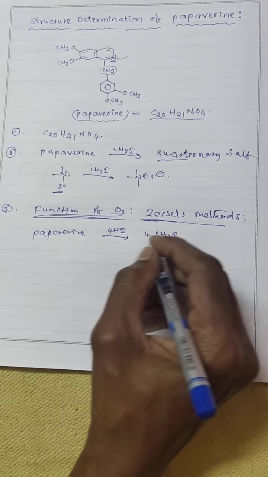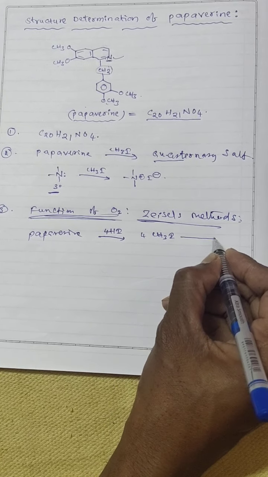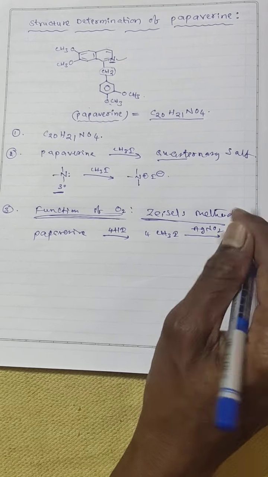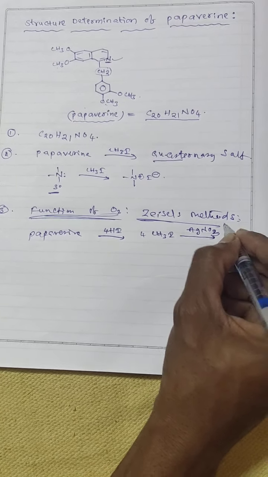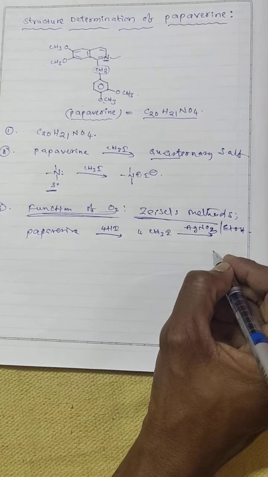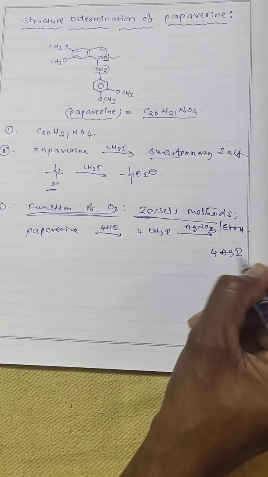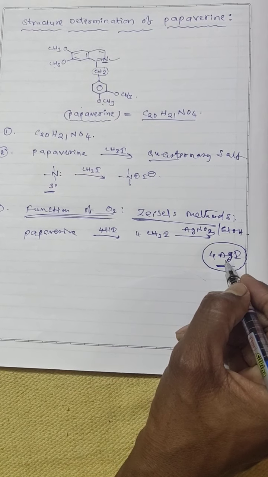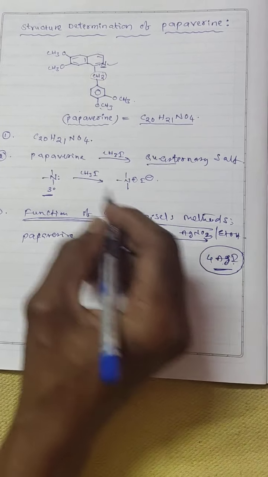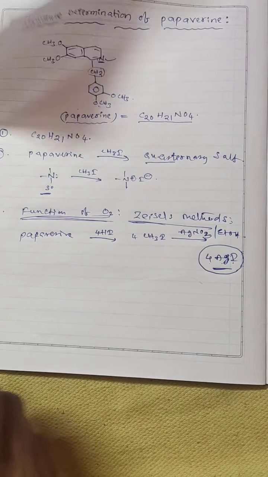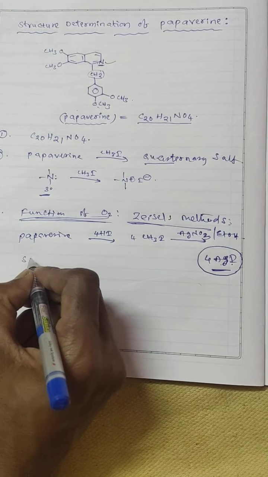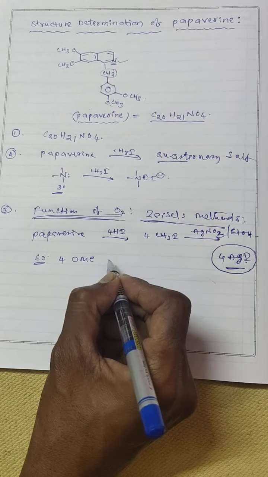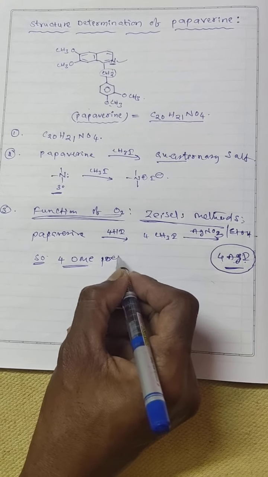Which reacts with silver nitrate in the presence of ethanol and forms 4 moles of silver iodide, which equals 4 moles of methoxy group. So from this reaction, there are 4 methoxy groups present, right?